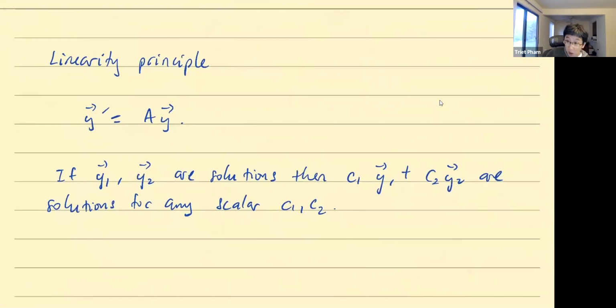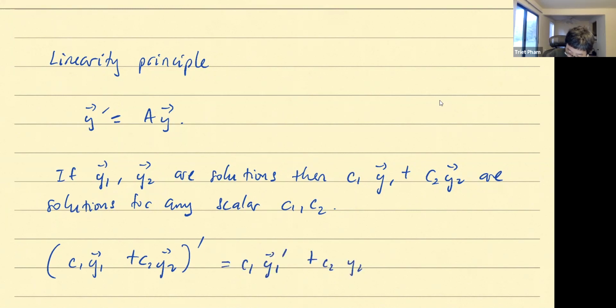Why so? You can check real quick. C1 y1 plus C2 y2, prime. Differentiating gives C1 y1 prime plus C2 y2 prime. I hope that's not strange. This is like Cal 3 where you pass the derivative inside, and C is a constant, so the derivative only hits the function of t. y1, y2 are functions of t, I just don't write it down explicitly.